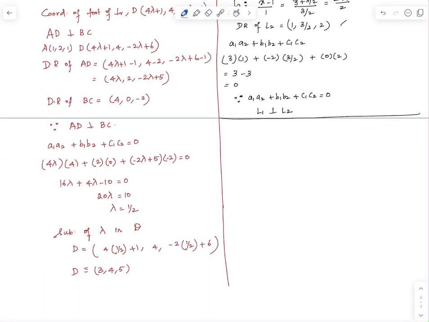So given the direction cosines, for L1 to become parallel to L2, l1 by l2 must be equal to m1 by m2 must be equal to n1 by n2. That is, l1 is to m1 is to n1 should be equal to l2 is to m2 is to n2.